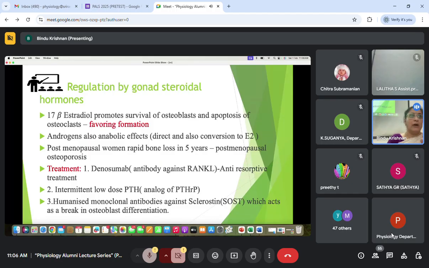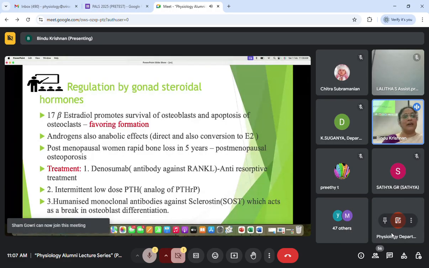Now, we cannot complete calcium metabolism without a word on how important the gonadal steroid hormones are. Because we have been mentioning many a time postmenopausal osteoporosis and its treatment in the last few segments, right? So we have 17 beta estradiol, which promotes the survival of osteoblasts, but at the same time, apoptosis of osteoclasts.